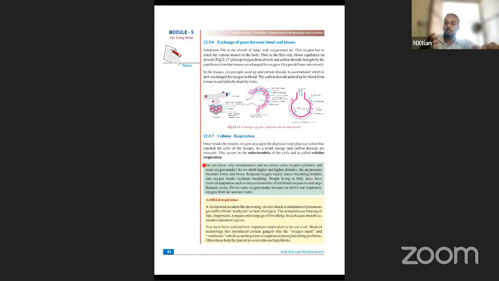We need an oxygen mask to reach that high level, but they will just walk. Why? Because they have that adaptation. They have a lot of RBC, a lot of hemoglobin. So even if the oxygen is less, most of it binds with hemoglobin and gives it to the cell. So basically, this is how the adaptation of living in the high mountain area happens. Understood?